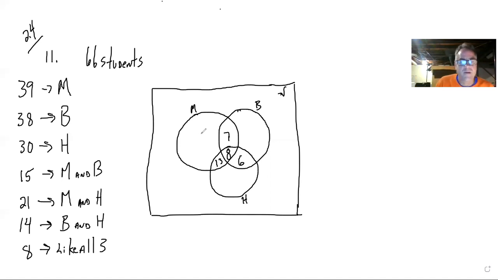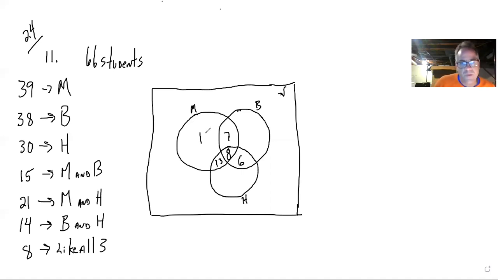All right, so from there, I'll just go to each one of these. I'll start here. It says 39 like Mozart. Notice there are four regions in Mozart, one of which we don't know, but I can add 13 plus 8 plus 7, which gives me 28. And so 39 minus 28 is 11.